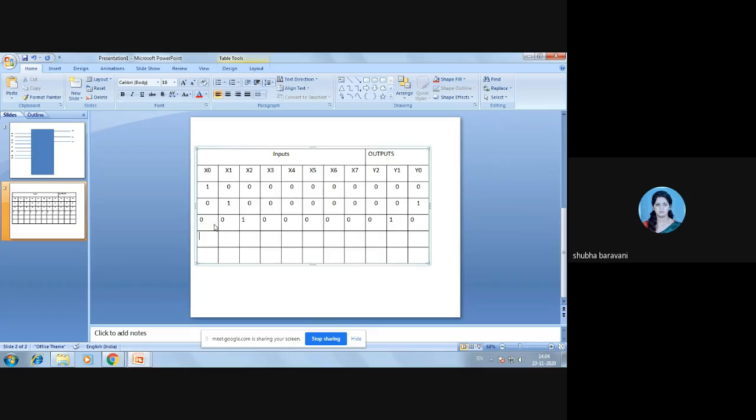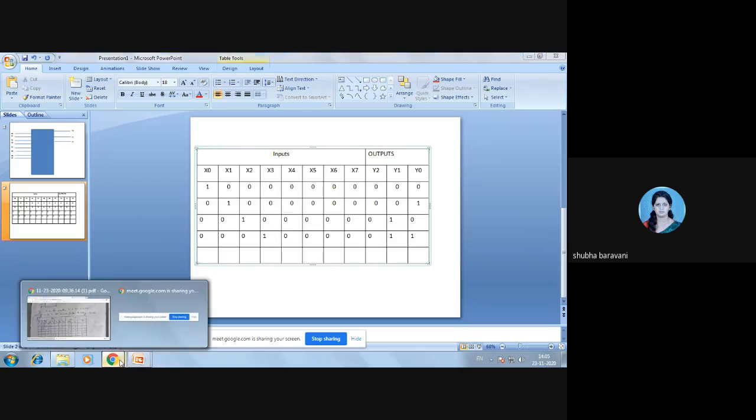Okay, next, if your other inputs are 0 and your x3 is 1, your output would be 0 1 1. Okay. Next, understanding this, so we can go. Have you understood this? Suraya Banu? Yes, ma'am. Understood, ma'am. Okay. So, shall we go to the PDF?